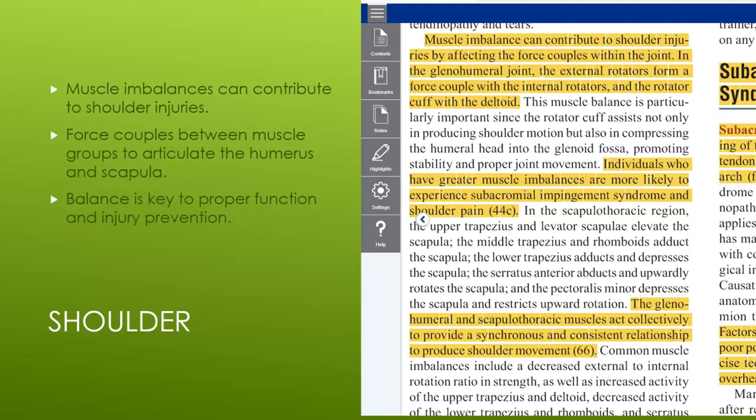I agree with them completely. And it's a matter of having that balance between the different muscle groups in the shoulder joint to have proper functioning. Now, granted, anytime we contract a muscle on one side, there has to be flexibility on the other side to make that happen, or at least allow that to happen.